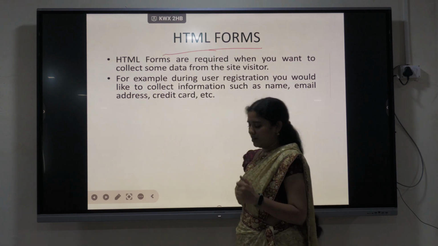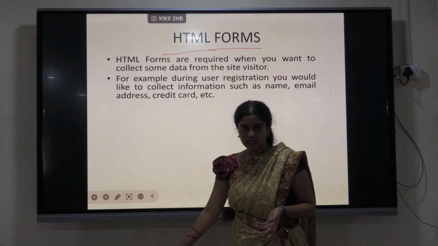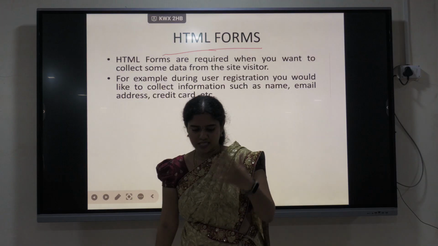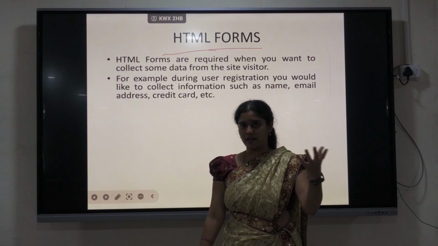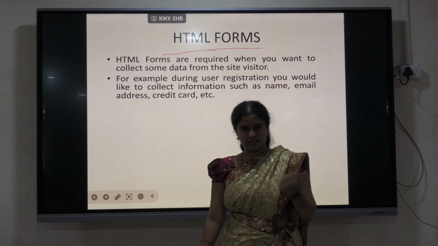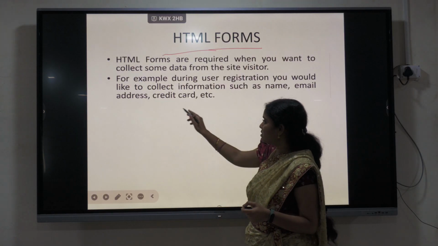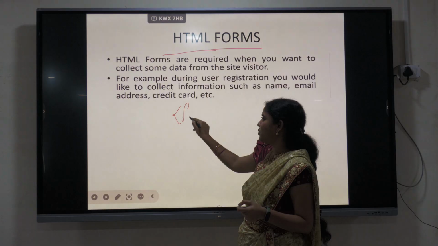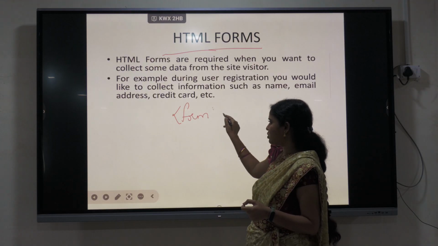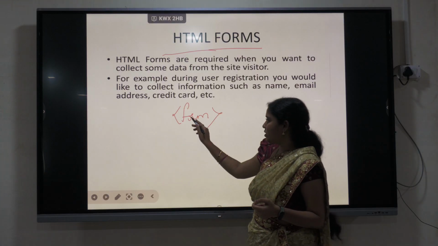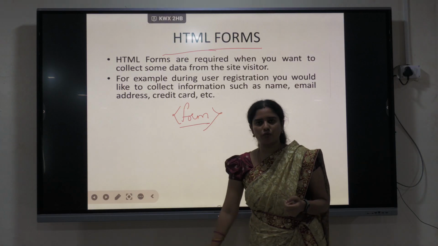That is what I have written over there. If you want to get information from a particular user, like name, mobile number, mail ID, etc., we usually use forms. For this, we use a special tag called the form tag.